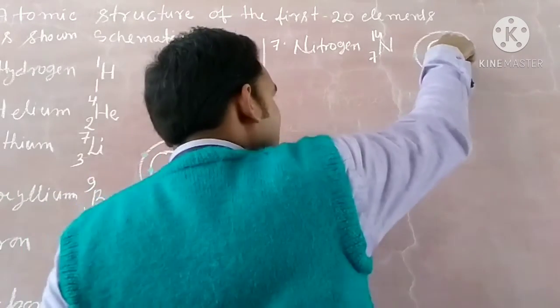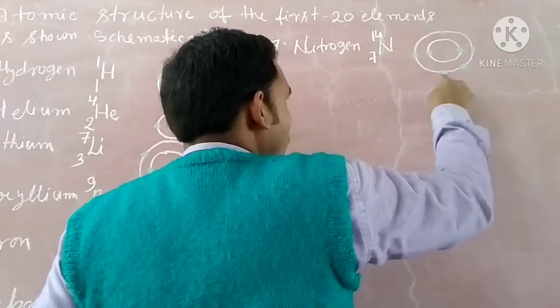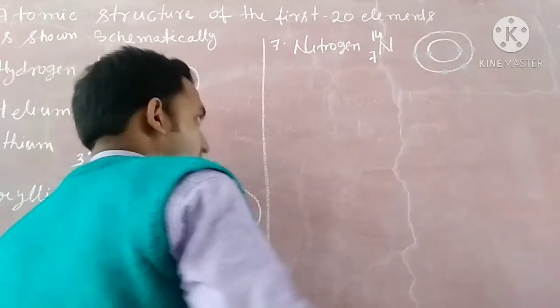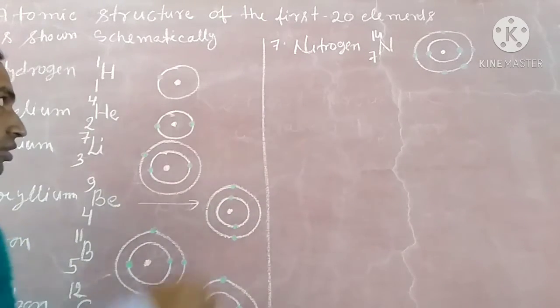Okay. So the second cell has how many electrons present here? 1, 2, 3, 4, 5 electrons. And the nucleus is also present in this schematic diagram.